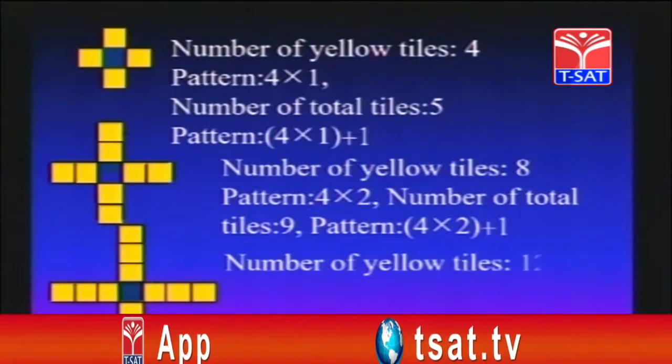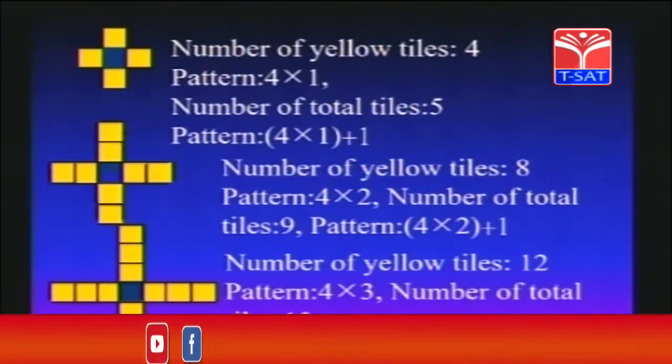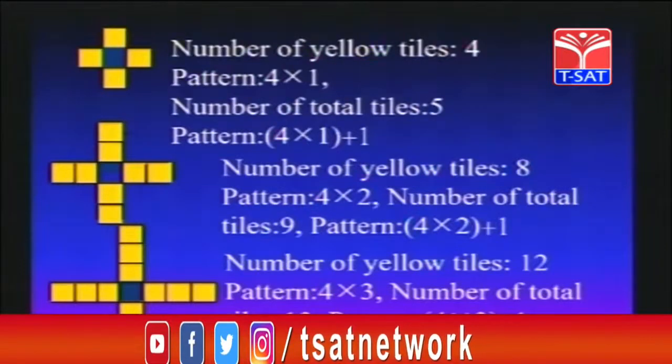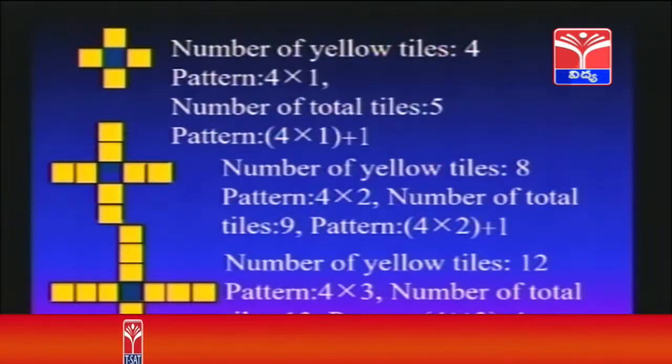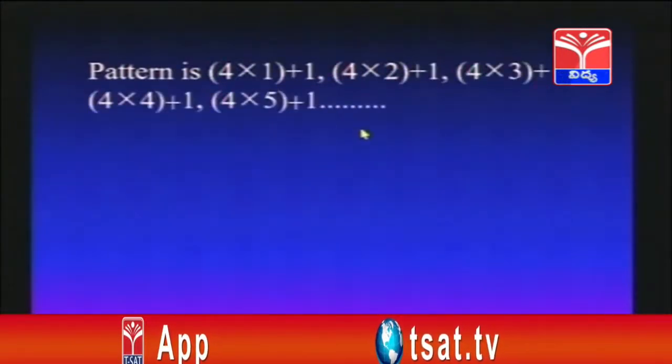The number of yellow tiles is 12, the pattern can be written as 4 into 3, and the number of total tiles is 13, whose pattern can be written as 4 into 3 plus 1. The patterns, as we have seen, are 4 into 1 plus 1, 4 into 2 plus 1, 4 into 3 plus 1, and so on.